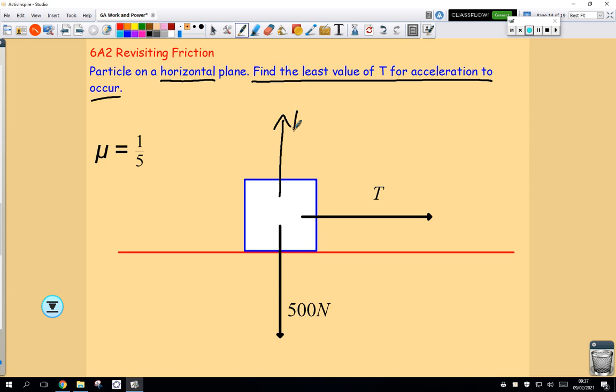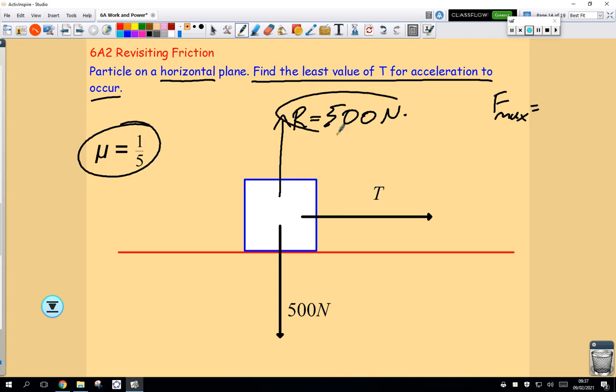We call that the normal reaction, and that's going to be equal to the downward force, which is 500 newtons. Just like before, the maximum possible value for friction is mu times 500, or 1/5 of 500, that's 100 newtons. So friction can get up to 100 newtons.